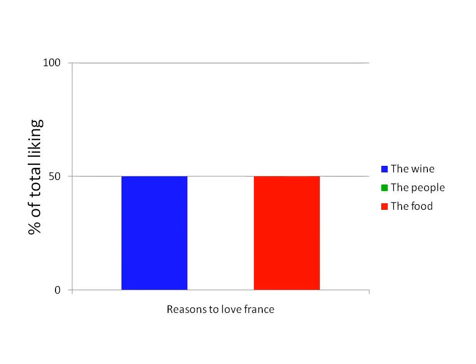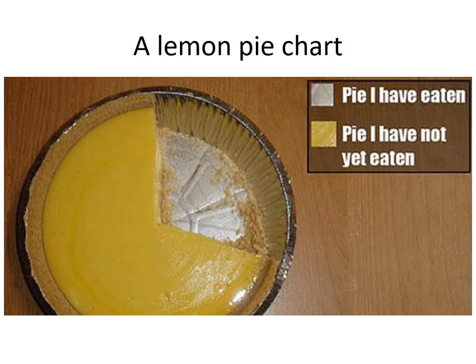Here's a graph showing reasons to love France. Looks like here we have 50% the wine. All right, okay, 0% of people. Oh, oops, sorry. I did not make that.